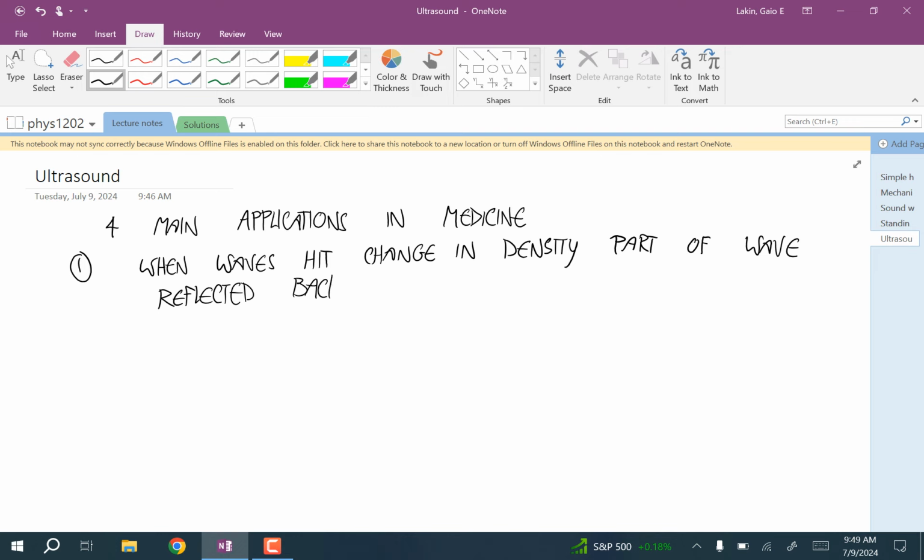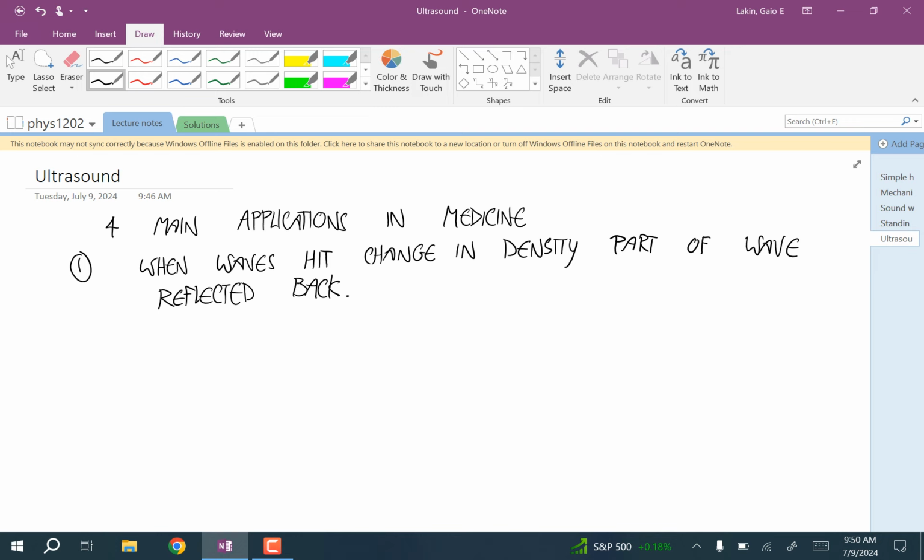And if you detect that wave, and you measure the time from when it's transmitted to when it's received, and you know the speed of sound through the material being human tissue, you can get a good estimate of the distance away that this change in density is.